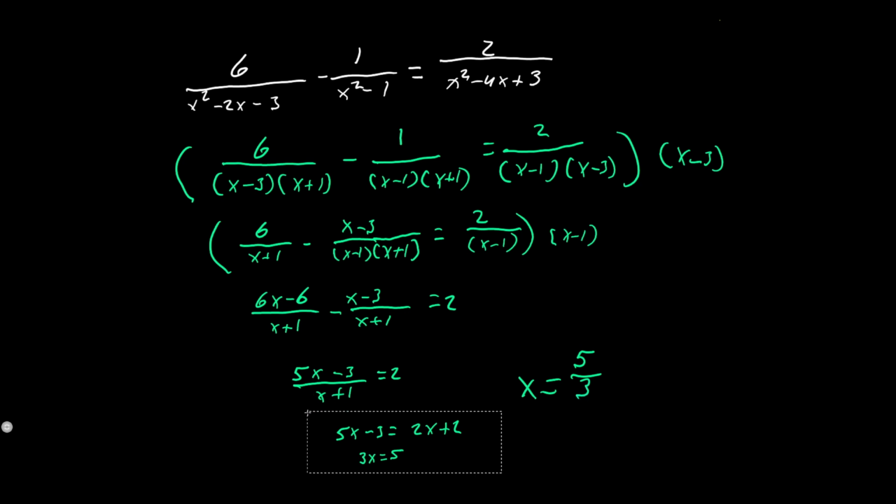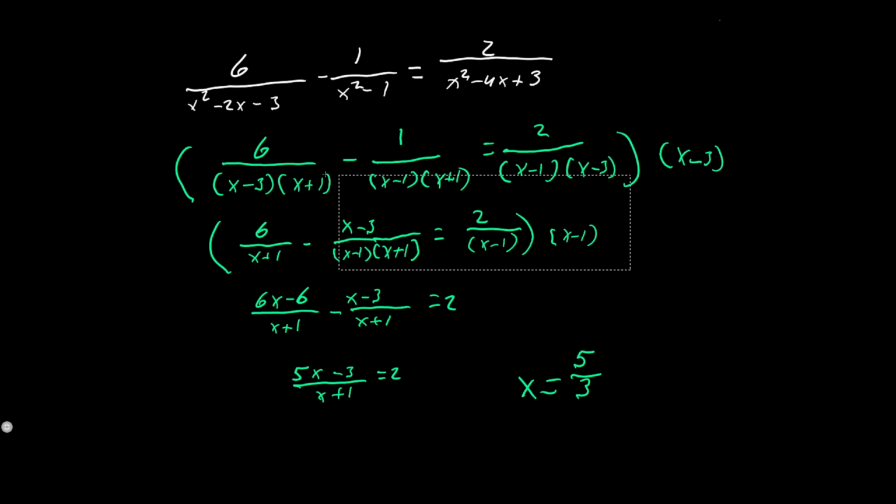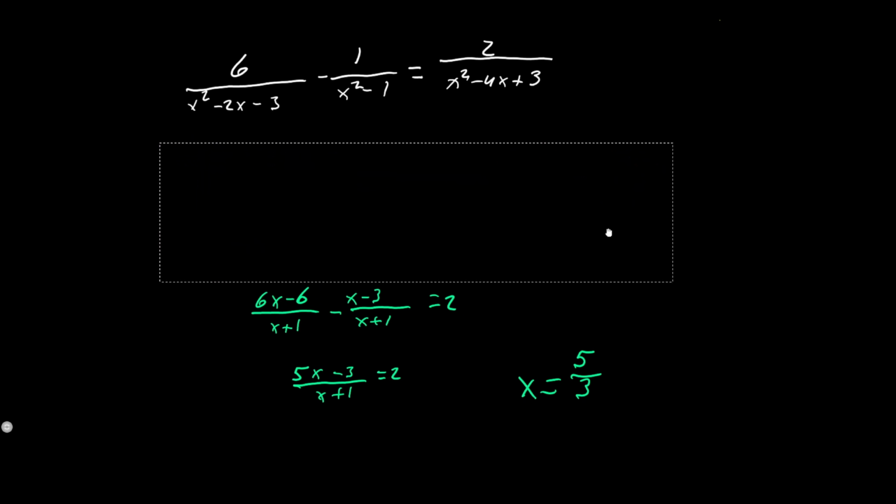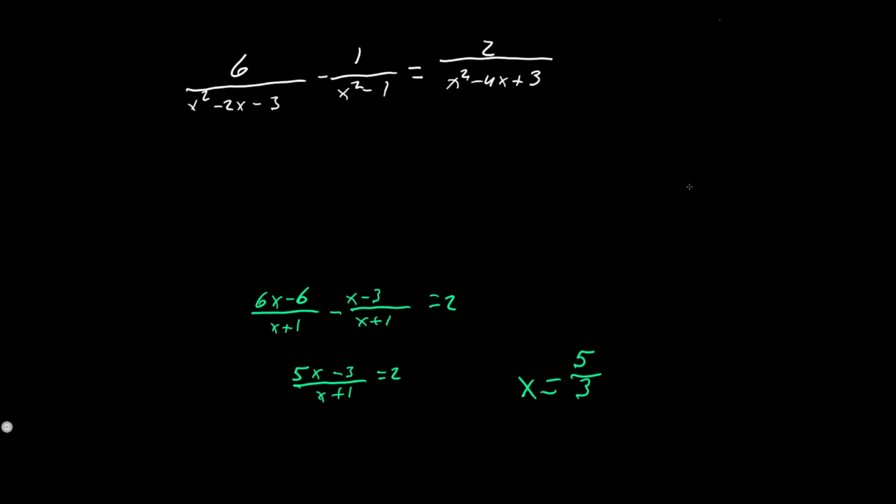So let's go ahead and verify that that is indeed our solution. We're not going to use this equation to verify our solution. We're just going to use this simplified version of it, or actually, the second one.